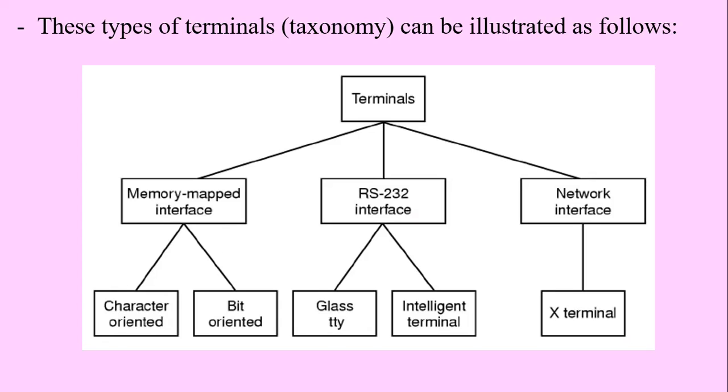Then the memory-mapped interface can be subdivided into two, where we have the character oriented and the bit oriented. The RS232 interface entails the glass TTY and the intelligent terminal, while the network interface entails the X terminal.